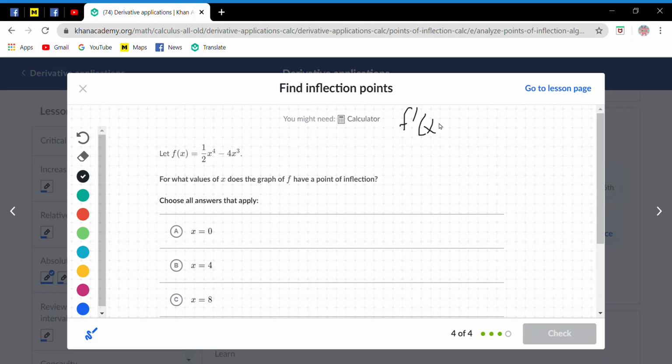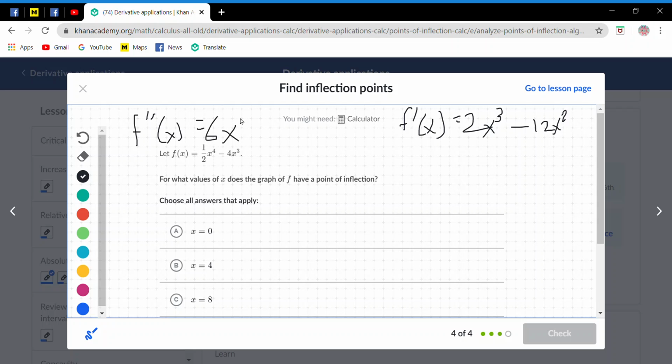F prime of x equals 2x cubed minus 12x squared, and let's find the double prime of f. F double prime of x equals the derivative of this. So this becomes 6x squared minus 24x.